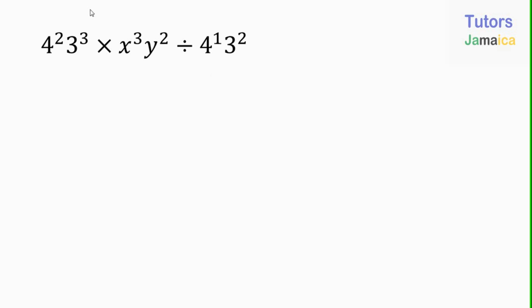For example, 4 squared is 16 and 3 cubed is 27. So we wouldn't have to multiply 16 by 27. We are going to use the laws of indices to work this one out.